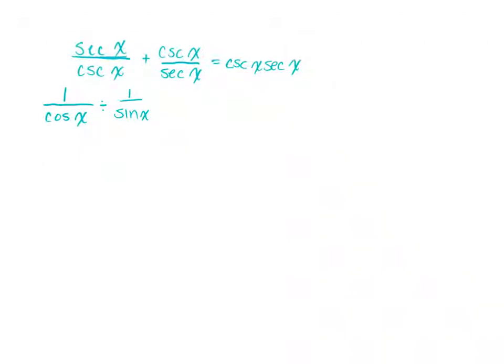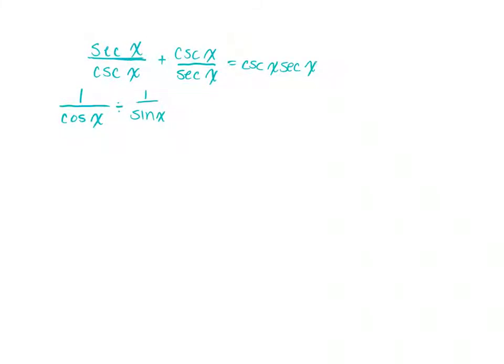So I'm just going to rewrite this part right here as 1 over cosine of x times sine of x over 1, which really, and again, we're still talking about this term, resulted in all of this work.